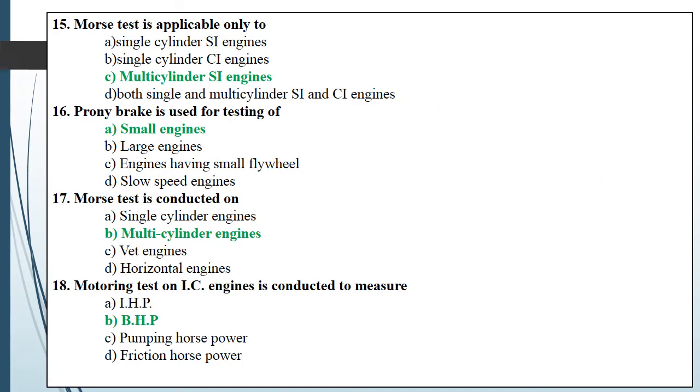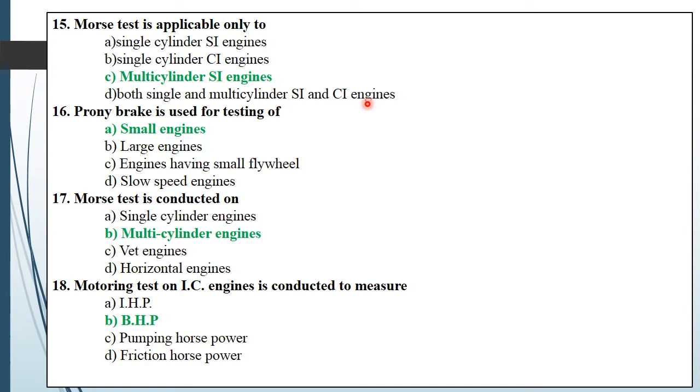Next, the Morse test is applicable only to: single cylinder SI engine, single cylinder CI engine, multi cylinder SI engine, both single and multi cylinder SI and CI engines. The Morse test is used to measure the indicated power of a multi cylinder engine, no matter whether it is an SI engine or a CI engine.